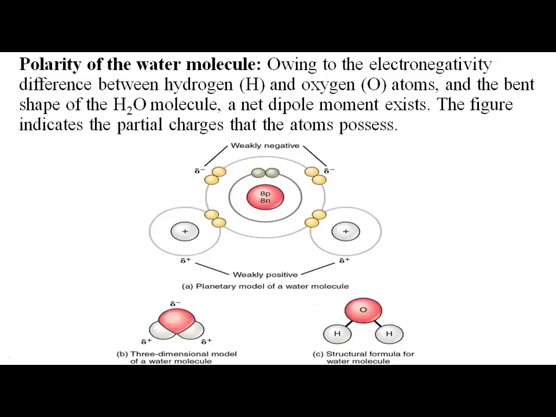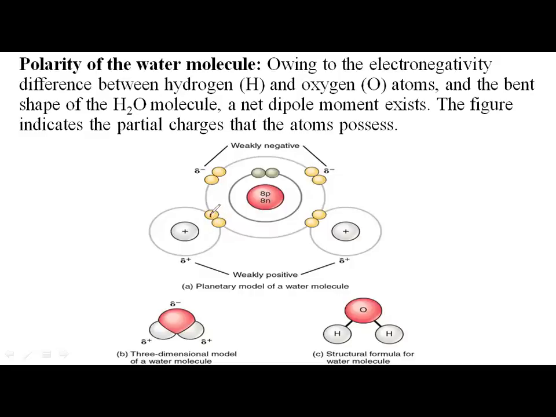Owing to the electronegativity difference between hydrogen and oxygen atoms and the bent shape of the water molecule, a net dipole moment exists. The figure indicates the partial charges of the atoms. So this is oxygen. There are 8 protons, 8 neutrons, and 8 electrons, and hydrogen has 1 electron.